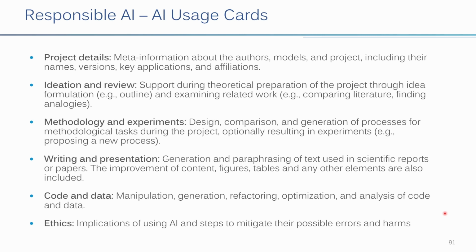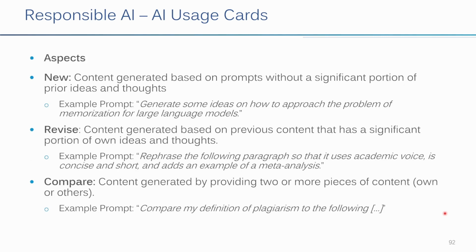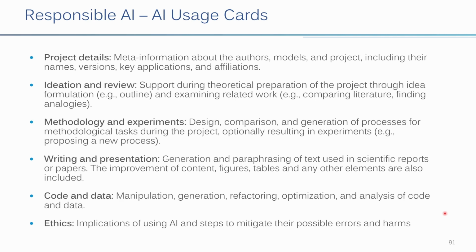And given all these six big blocks that we have, from project ideas to ethical considerations, a couple of different aspects are considered for every one of them. So in every single aspect of the scientific methodology right here, and actually this is important to mention before we move on, this is the initial version of the model, the AI usage cards.